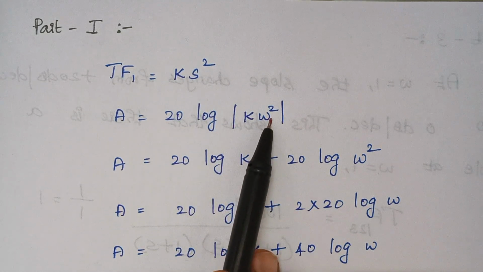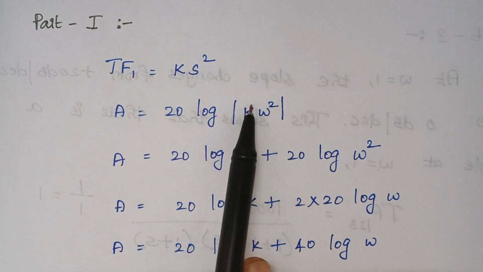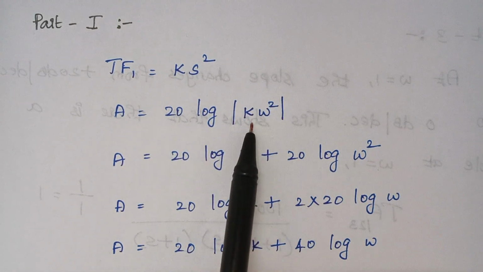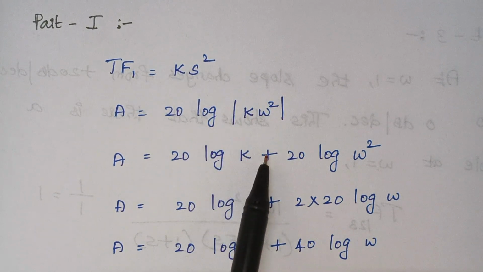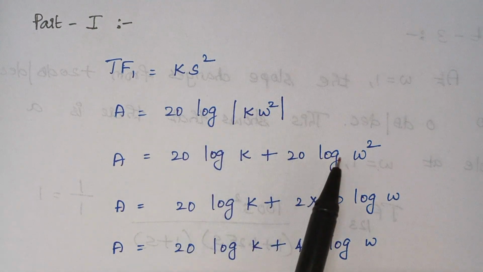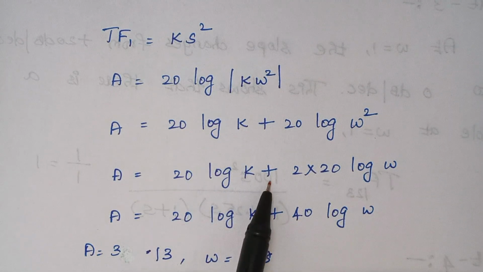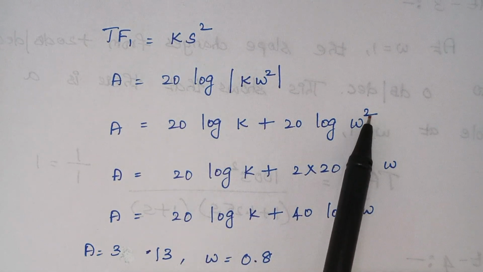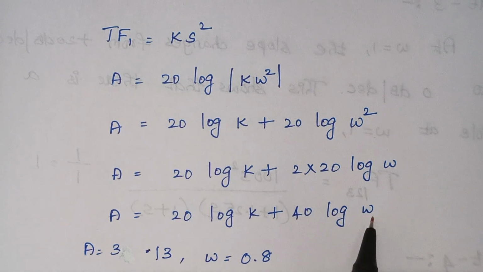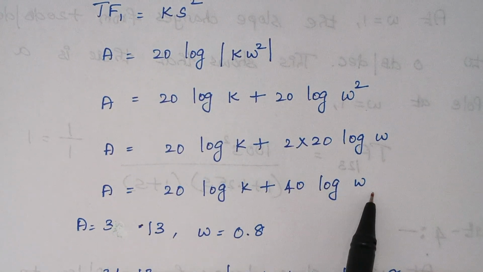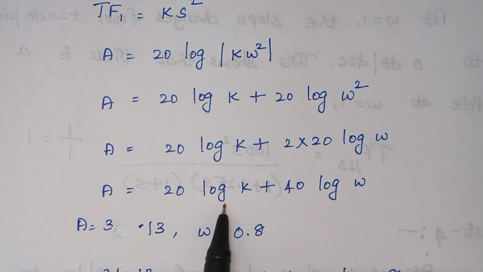This is a logarithmic multiplication, k into omega square, which can be written as logarithmic addition: 20 log k plus 20 log omega square. We can move the 2 to the front, so 2 into 20 log omega, which is nothing but 40 log omega. So this is our expression for magnitude A.